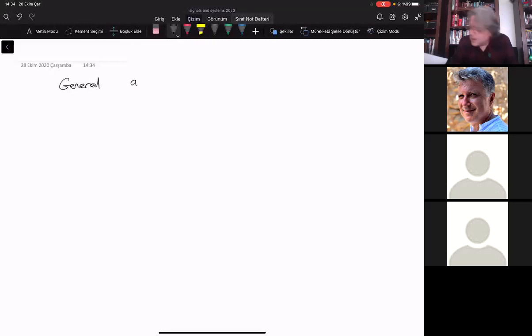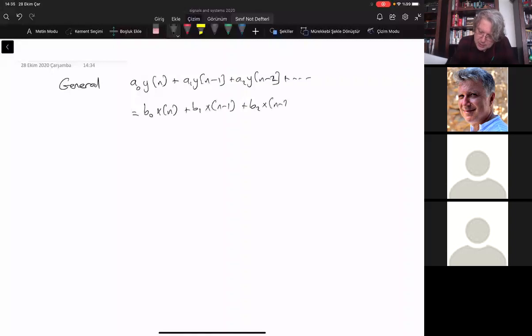We have A0 y[n] plus A1 y[n-1] plus A2 y[n-2] plus dot dot dot is equal to B0 x[n] plus B1 x[n-1] plus B2 x[n-2] plus dot dot dot. So it may extend to a large ARMA model with several delays like this.